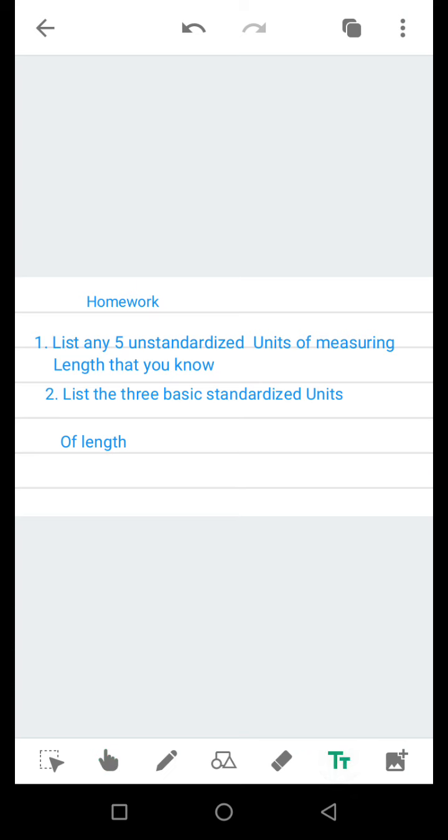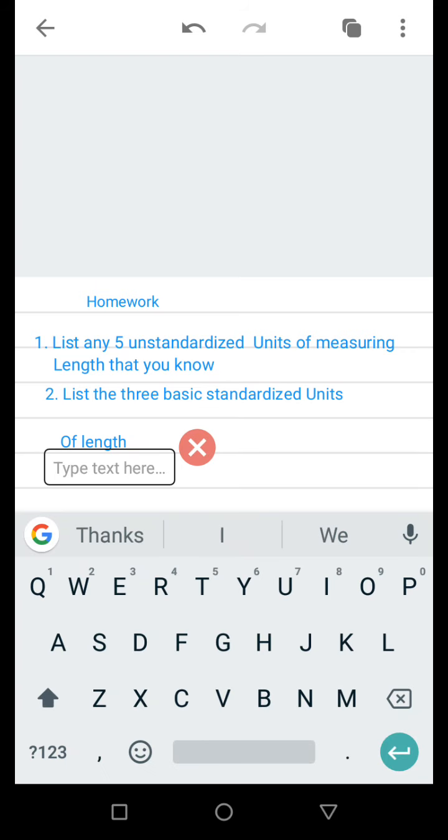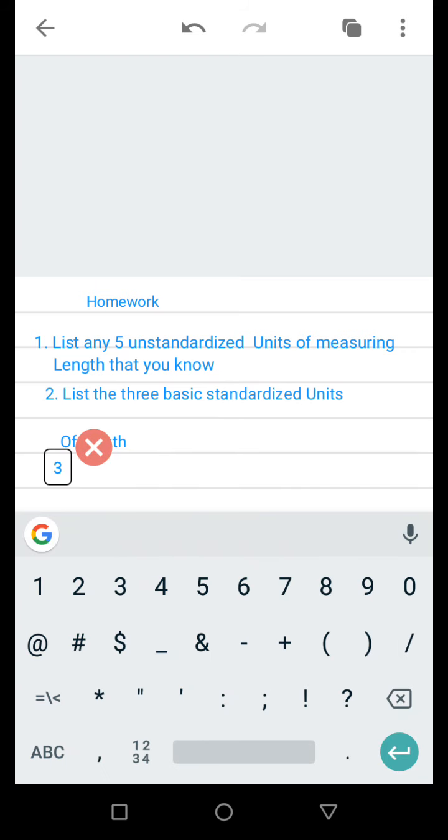But right now, I want to add one more for us.